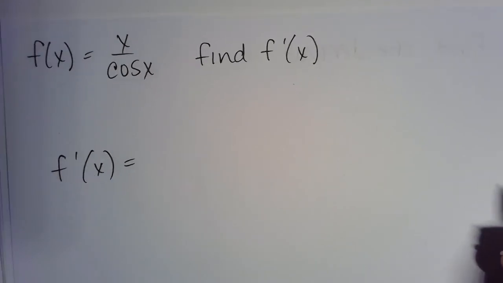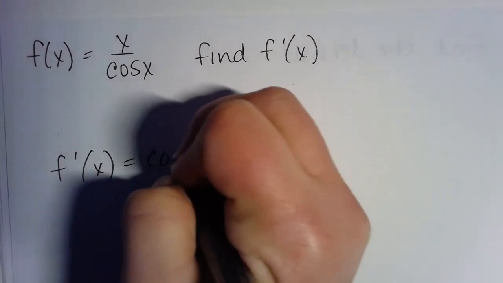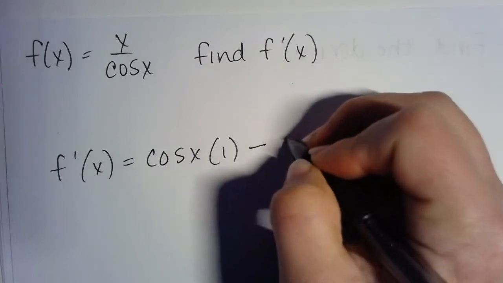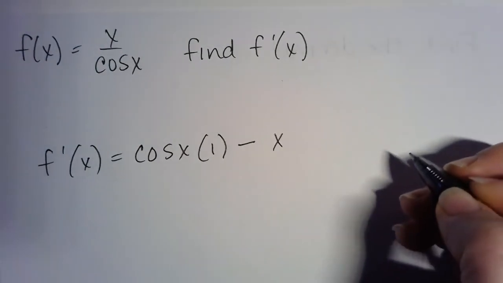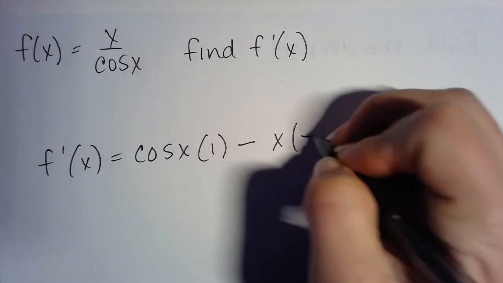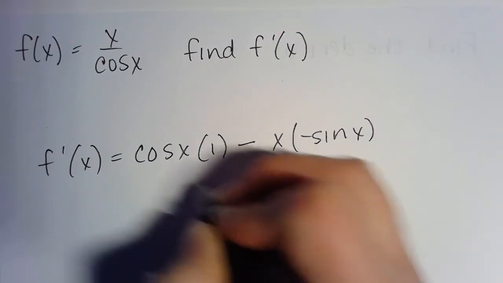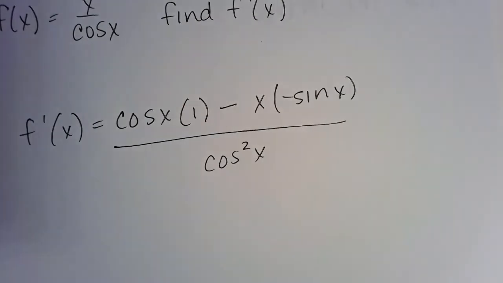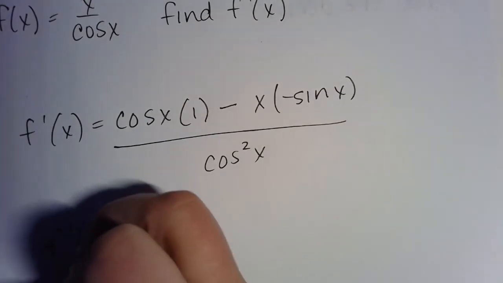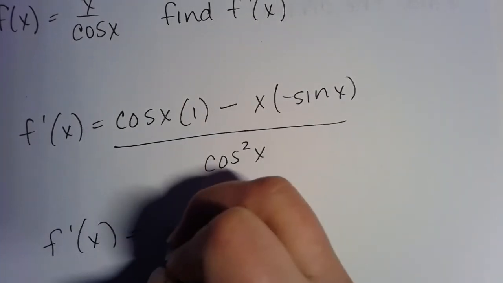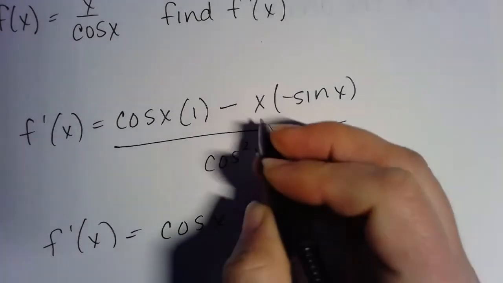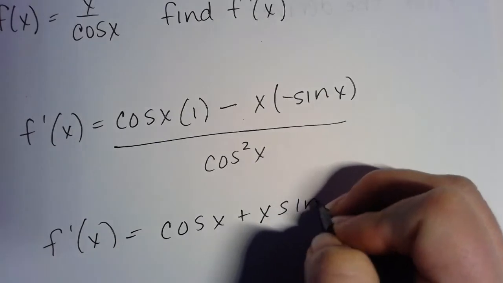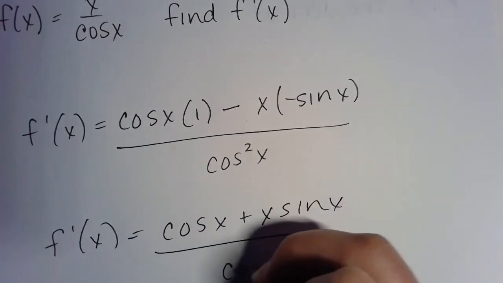The quotient rule goes: the bottom, which is cosine of x, times the derivative of the top, which is 1, minus x times the derivative of cosine, which is negative sine of x, all over cosine squared of x. And so my f prime of x, just to clean it up a little bit, is cosine of x plus x sine of x, over cosine squared of x.